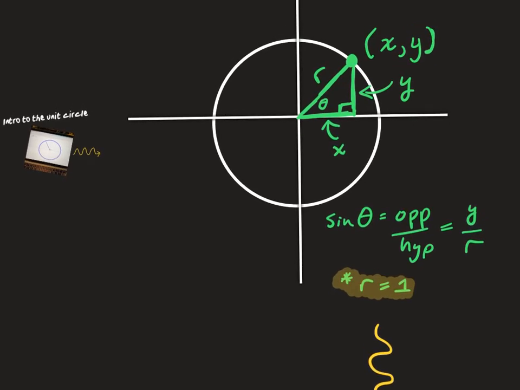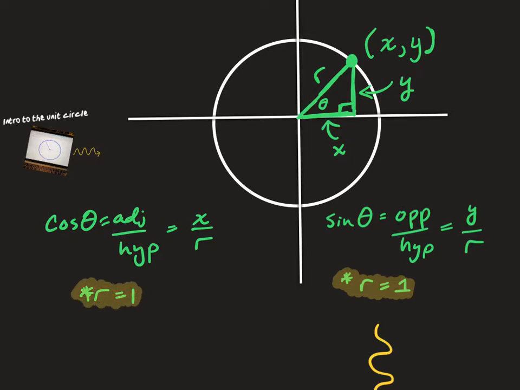Now let's take a look at the cosine value. And by definition, cosine theta is equal to the adjacent over the hypotenuse. So in this case, it will be x over r. And just as we did with sine, y over r, we're going to simplify cosine, which is x over r. And remember, the radius has a value of 1.